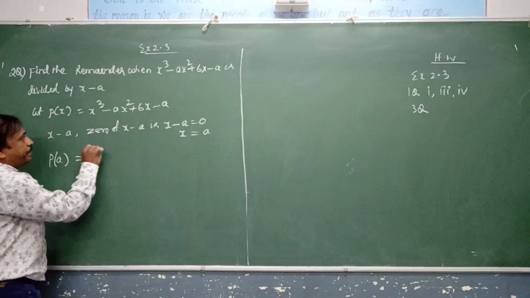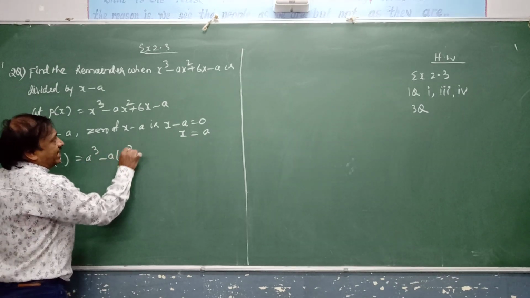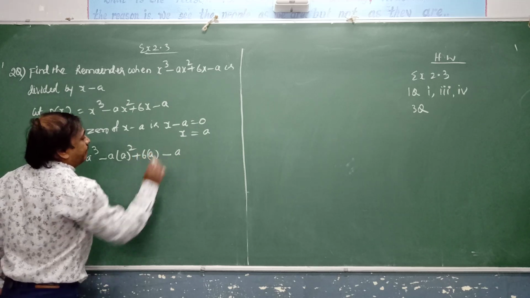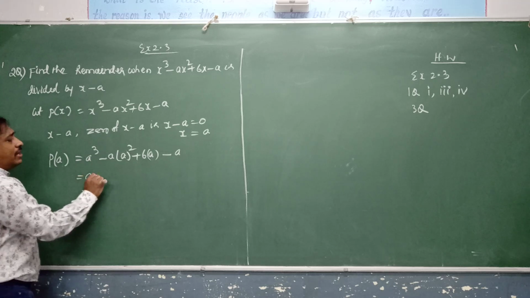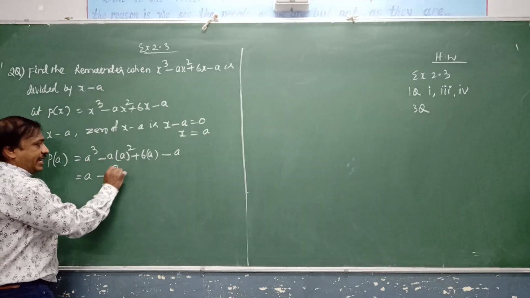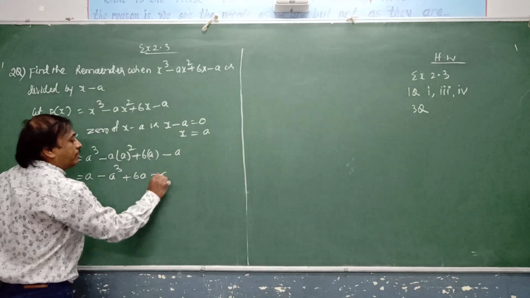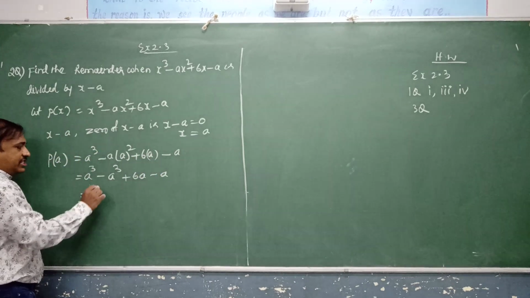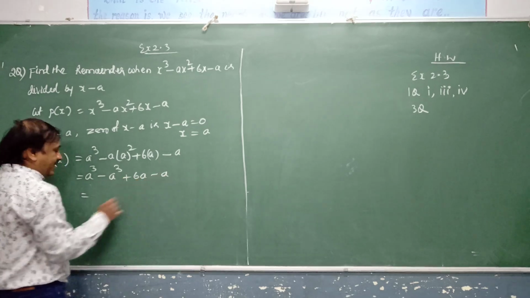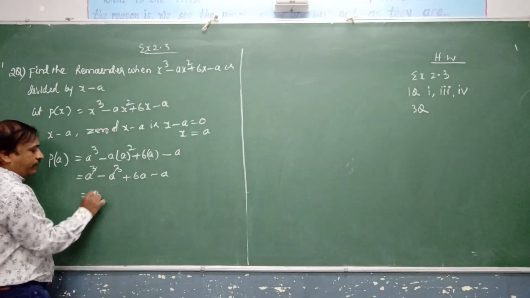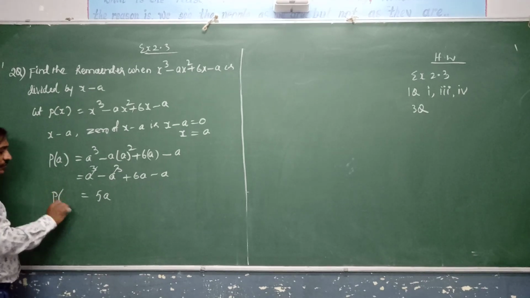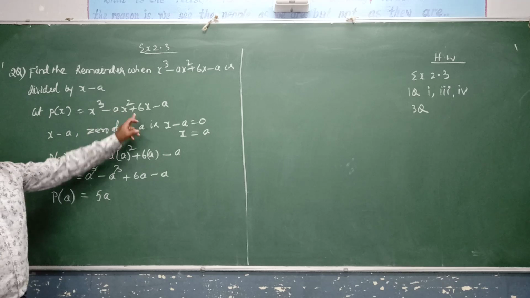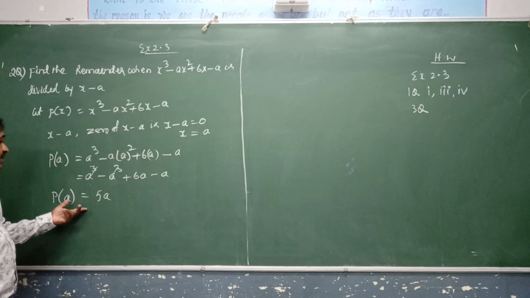So a cube minus a into a square plus 6 into a minus a, which is a cube minus a cube, which gets cancelled, plus 6a minus a, that is 5a. So P of a is equal to 5a. In place of x we substituted the value of a. This is the remainder.